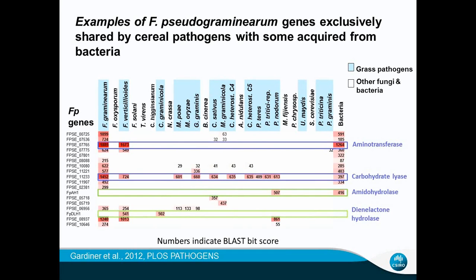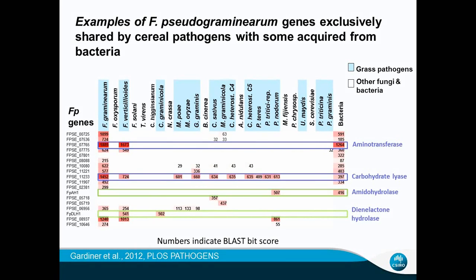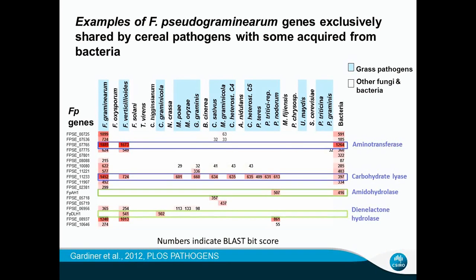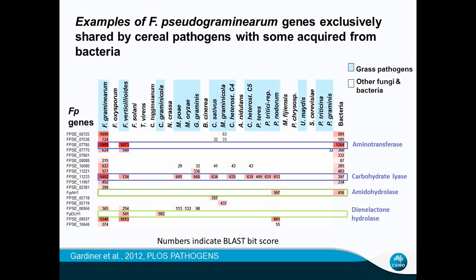So when we looked at the Fusarium pseudograminearum genome a little more closely, we were trying to identify genes that may be shared by other cereal pathogens. We thought that if we identify crown rot specific genes that are shared by other Fusarium pathogens, or other cereal infecting pathogens, we can identify commonalities between this group of pathogens, and how they have adapted to their cereal hosts.